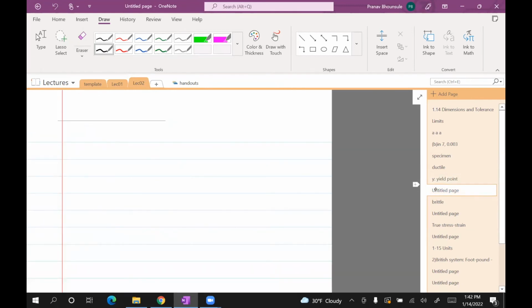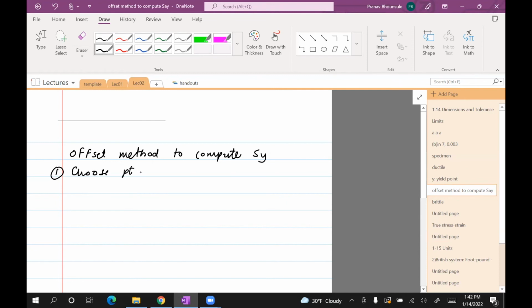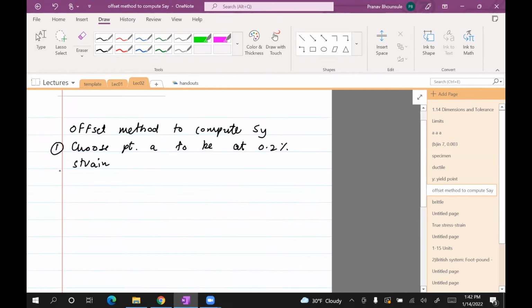So let me write this algorithm down neatly. Offset method to compute SY. So first step is choose point A to be at 0.2% strain. That's the first step.